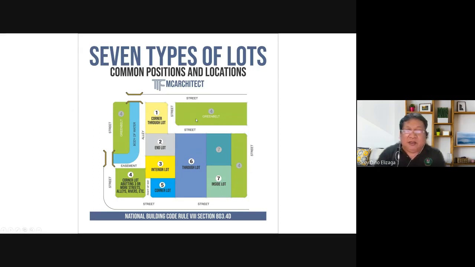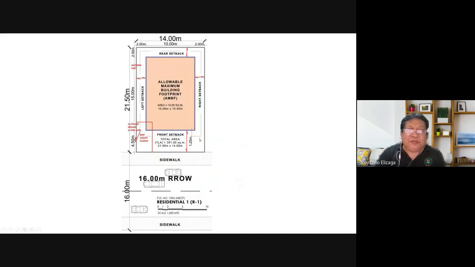And then there's our green belts and then the street. So there's a lot of this. I actually got this from Facebook. Every time I encountered these things being posted, I saved them so that I don't have to draw them myself. No?